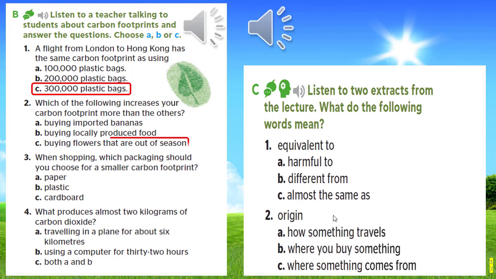The answer is buying flowers that are out of season. Number 3, when shopping, which packing should you choose for a smaller carbon footprint? The answer is plastic. Number 4. What produces almost 2 kilograms of carbon dioxide? The answer is both A and B.